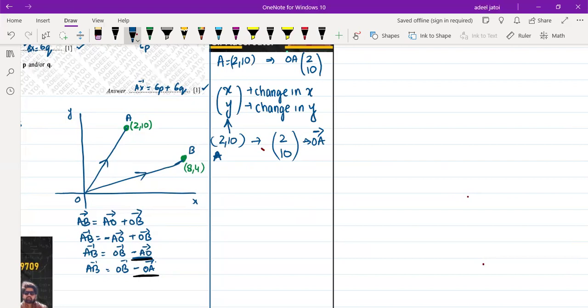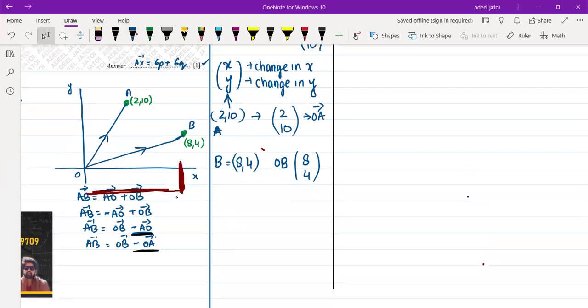Now, your B is 8, 4. This is your coordinate, but OB will be the vector 8, 4, and the vector shows change in X and change in Y. So if you want to find AB, what is AB?